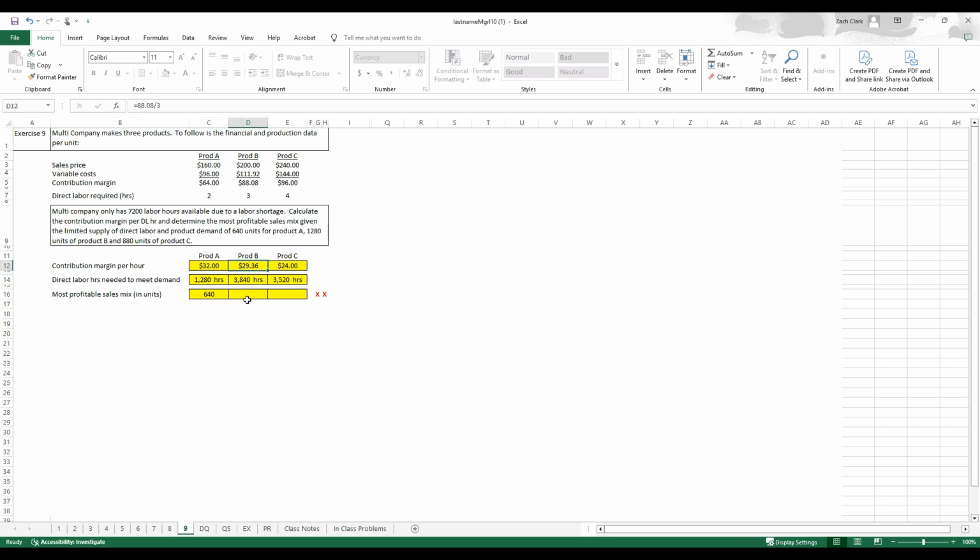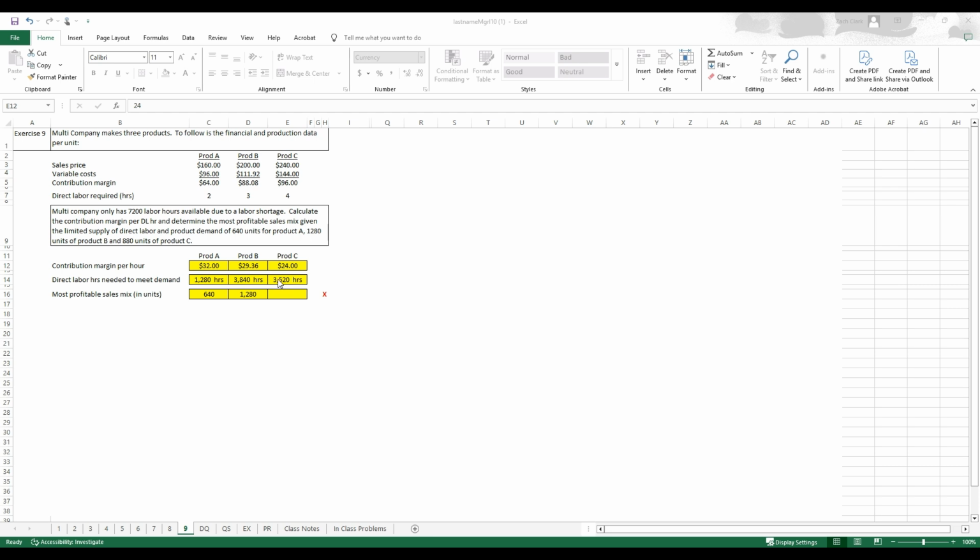So then we move to the next most profitable per hour product, which is B. And so meeting our demand here is 3,840. So that's 1,280 units. And so that's 3,840. That leaves us with 2,080 hours. So again, 7,200 total minus the total needed to maximize demand, minus 1,280 minus 3,840, leaves us with 2,080 hours.